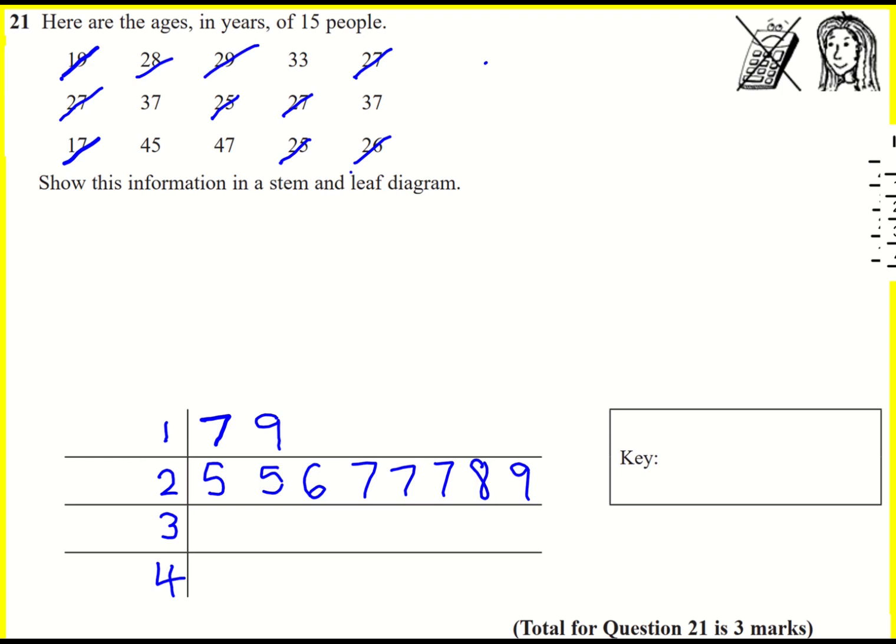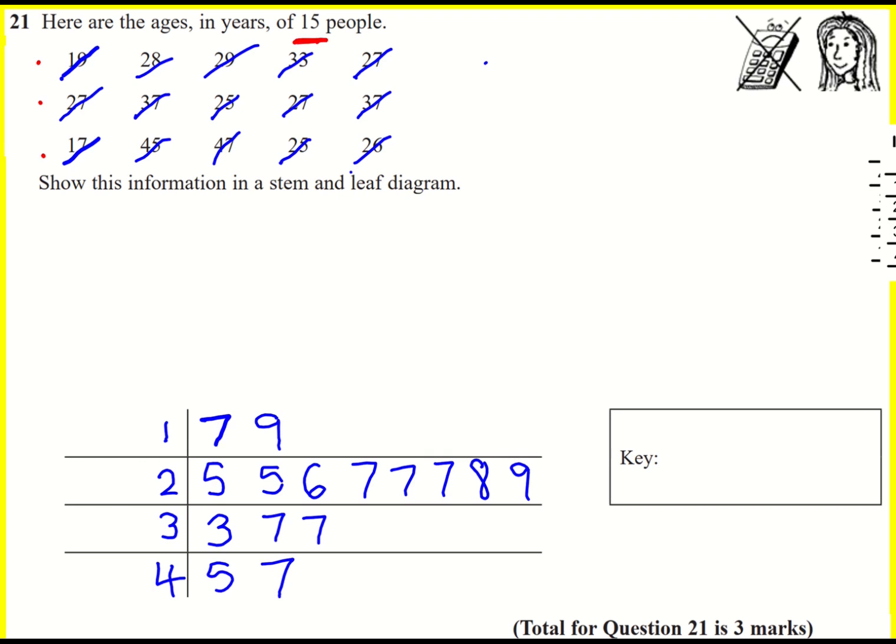Going to the 30s now, I can see 33, because I want to go in ascending order, so 33 before the two 37s. And then finally 45 and 47. What I really recommend you do is that you know you've got 15 values here, and it tells you in the question as well.